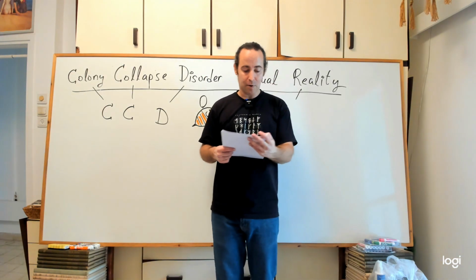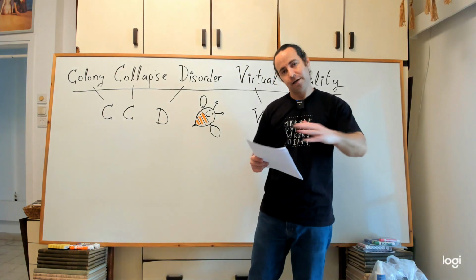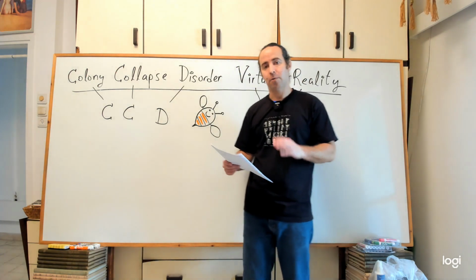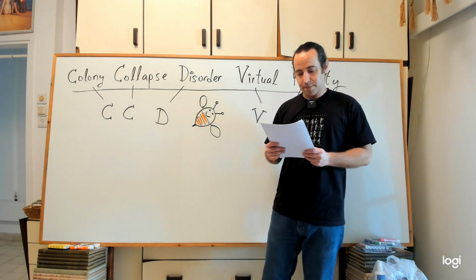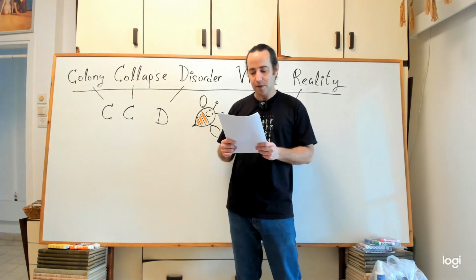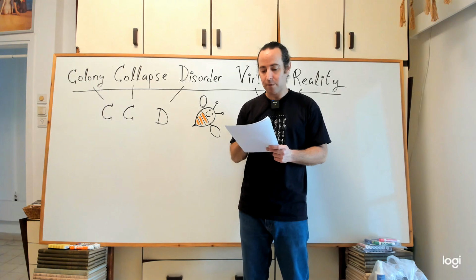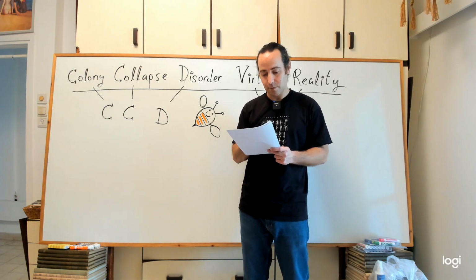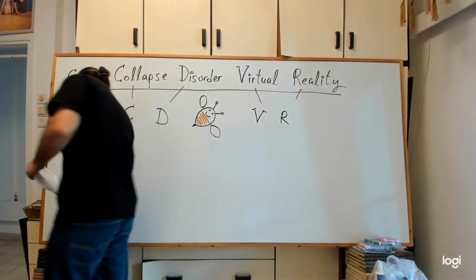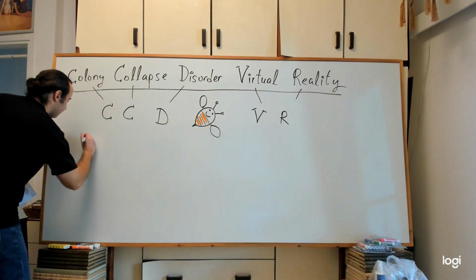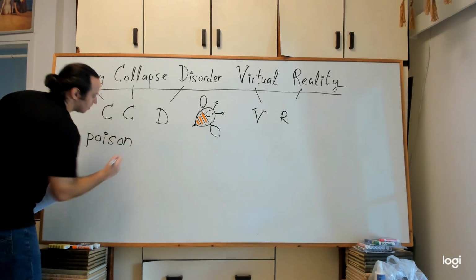Okay, the problem. This is pretty long. This is 8 pages. I will read as much as possible and draw as little as possible. The problem is that the poison Imidacloprid, the most widely used insecticide in the world, which is mostly made by Bayer. I'm writing this because it's important.